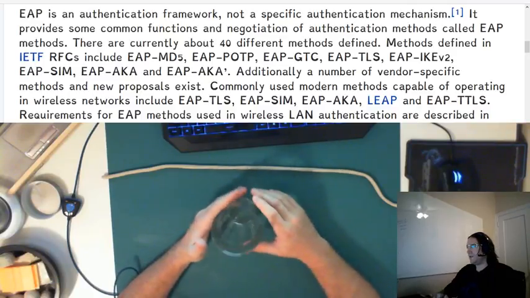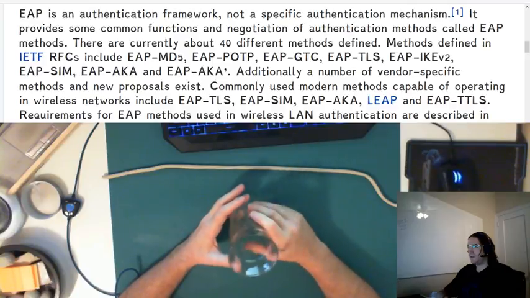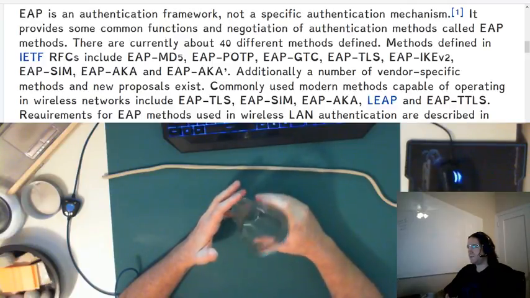Additionally, a number of vendor-specific methods and new proposals exist.